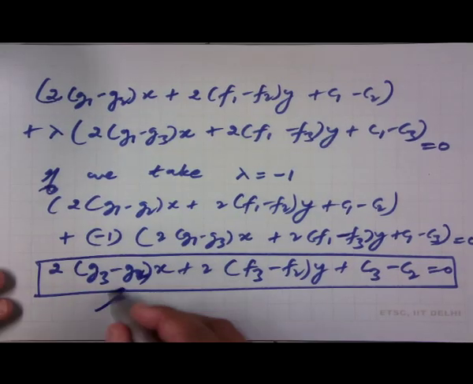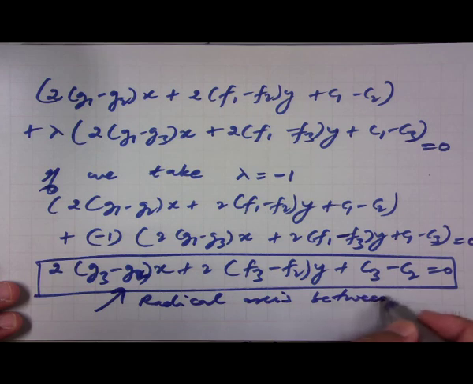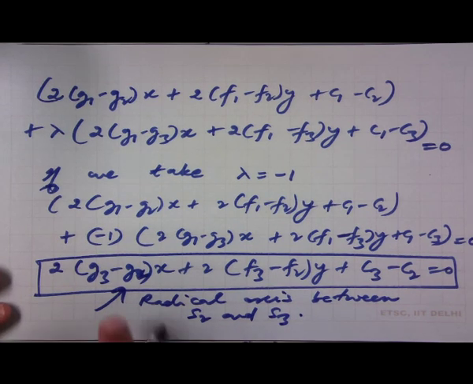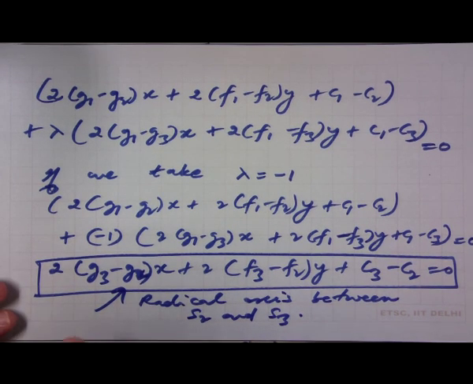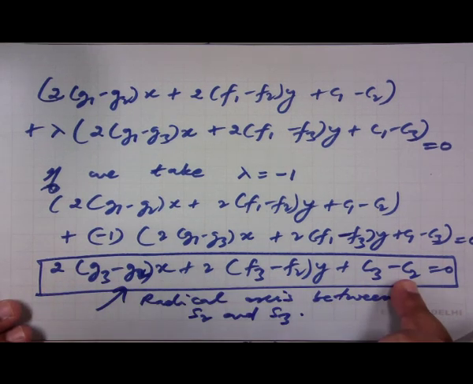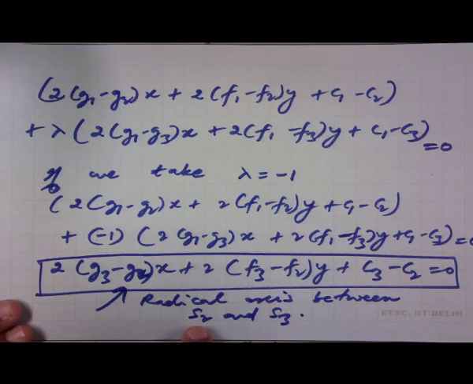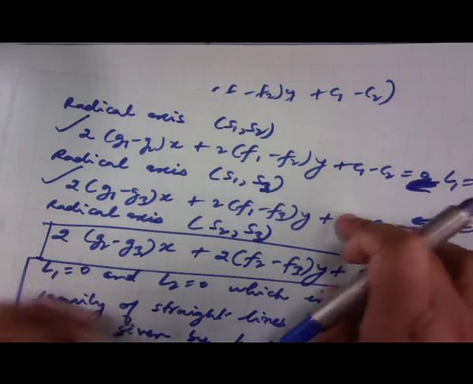This is nothing but the radical axis between circles S2 and S3, and we already know that the point of intersection of the first two radical axes lies on this straight line, and therefore, the radical axis between the third pair, S2 and S3, will also pass through the point of intersection of the first two radical axes.